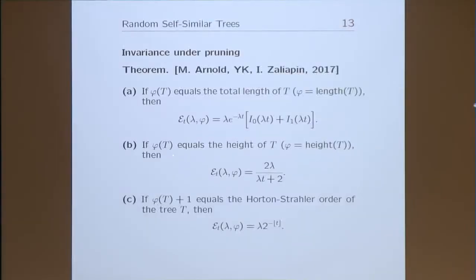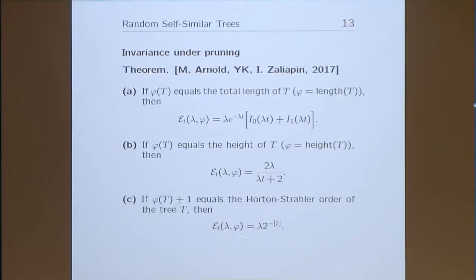For phi being the tree height, so for the erasure by Navier, this would be the new rate, and for Horton-Strahler, that would be just the rate. Each integer time lambda will be halved. So each integer time you prune and you get twice longer edges.